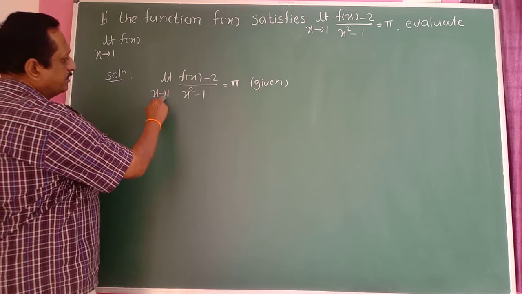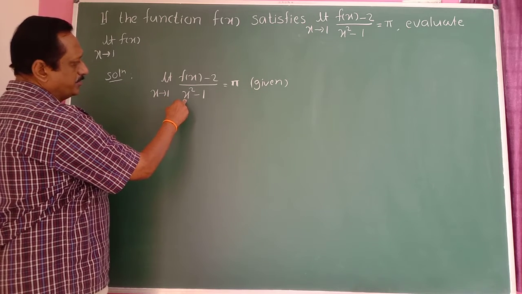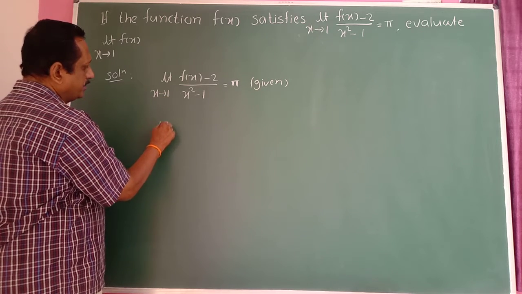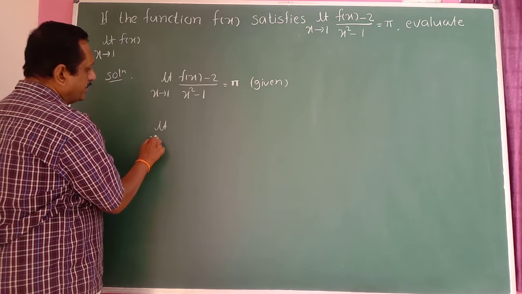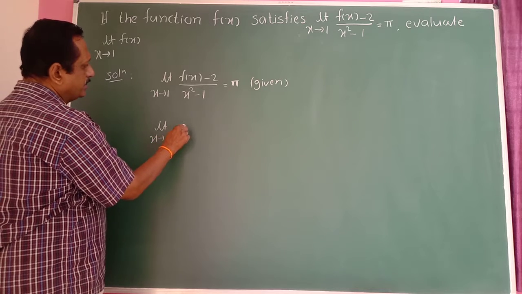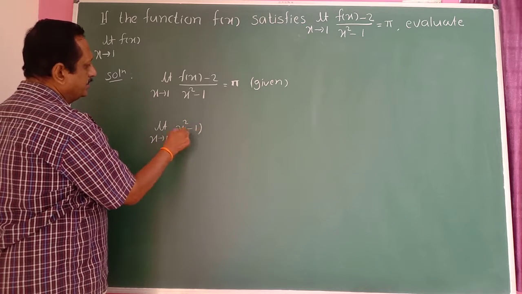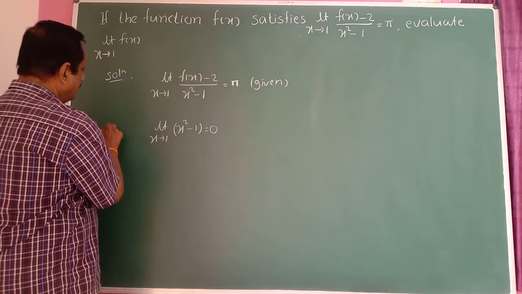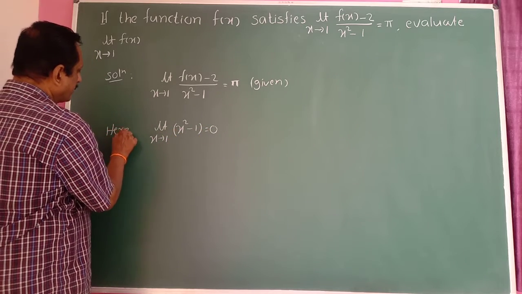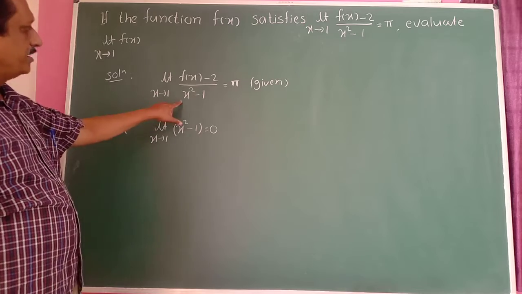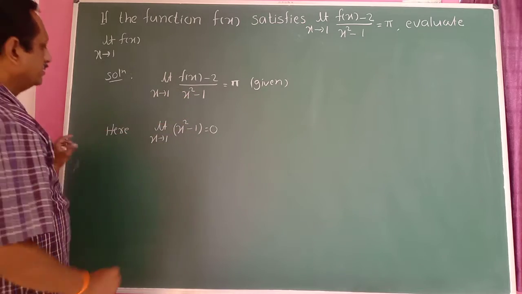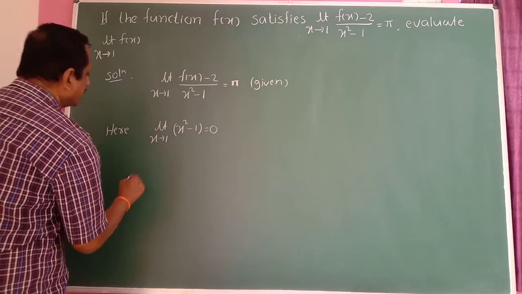Therefore, if you put x value 1 here, the denominator becomes 0. So x square minus 1 is equal to 0 here. The limit of the denominator is 0. Therefore, the limit of the numerator is also 0.